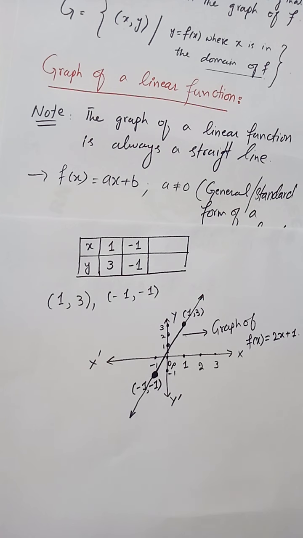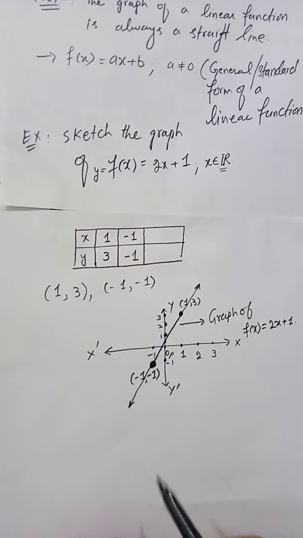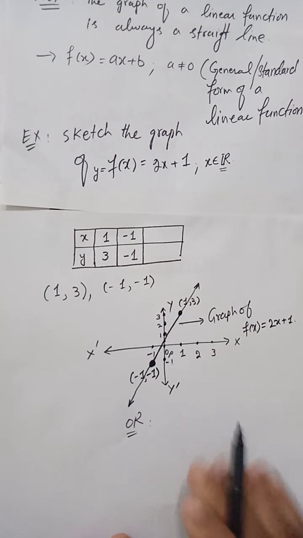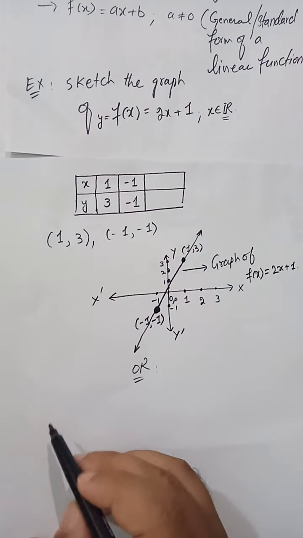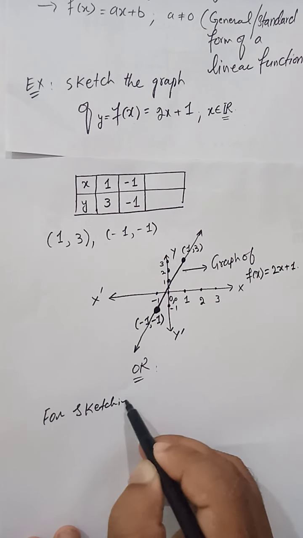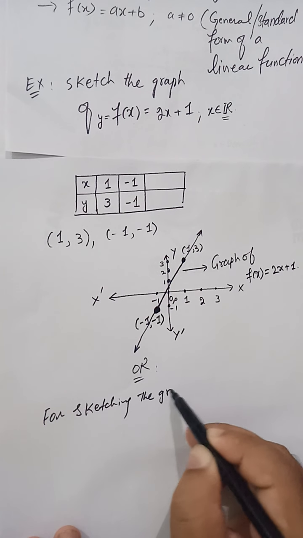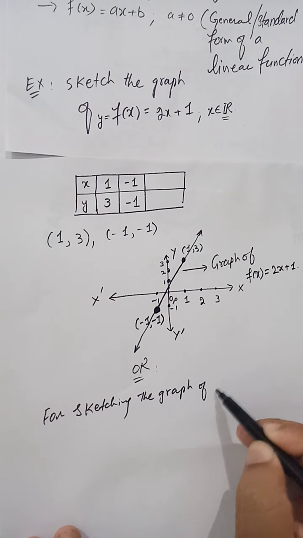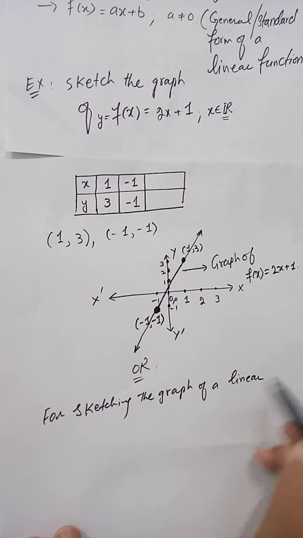So for that, the better way to draw the graph of a linear function is to find the ordered pairs for the points which are actually the x-intercept and y-intercept. So another procedure is to find the x-intercept and y-intercept for sketching the graph of a linear function.